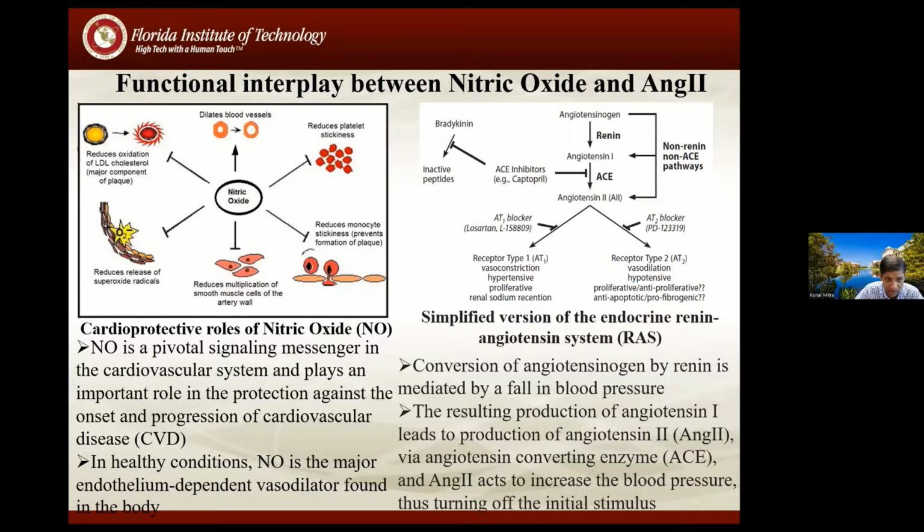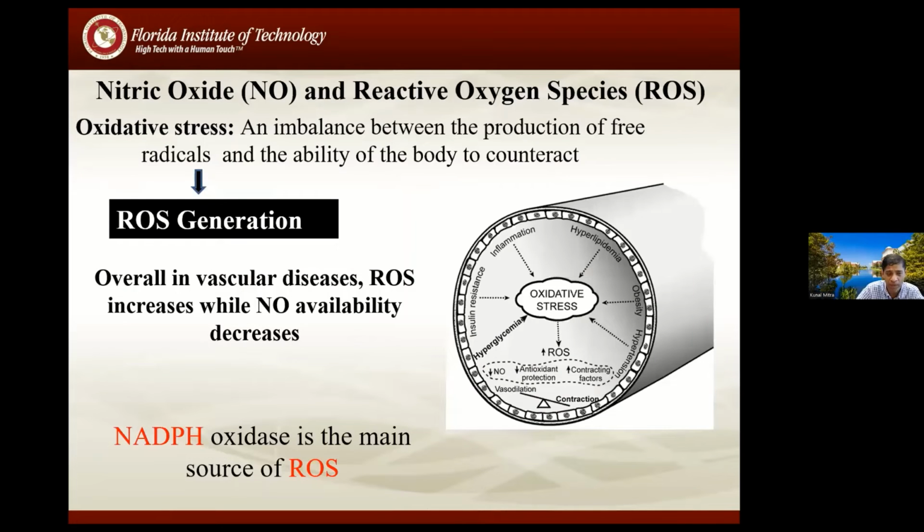So the angiotensin-renin system, but from our perspective, I just want to focus on nitric oxide, because we are looking at the mechanisms which cause cardiovascular disease. And the other is the reactive oxygen species, because these are the two key parameters we believe, at least from our perspective, are very important and contribute to vascular disease and oxidative stress.